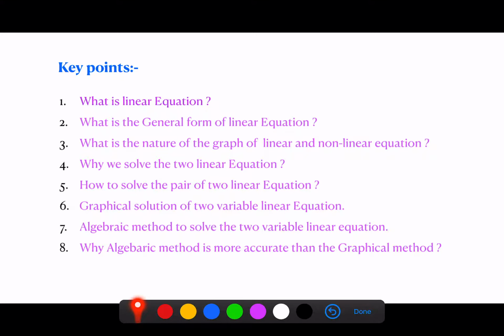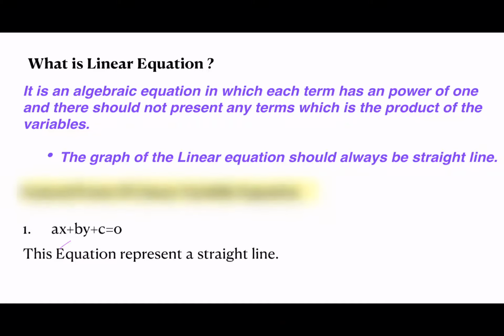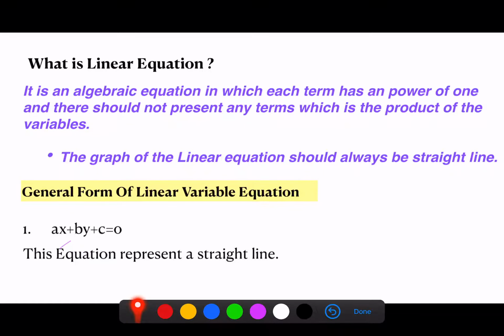Now let's start here. First of all, what is a linear equation? It is an algebraic equation in which each term has a power of 1, and there should not be any term which is the product of the variables. The graph of a linear equation is always a straight line.